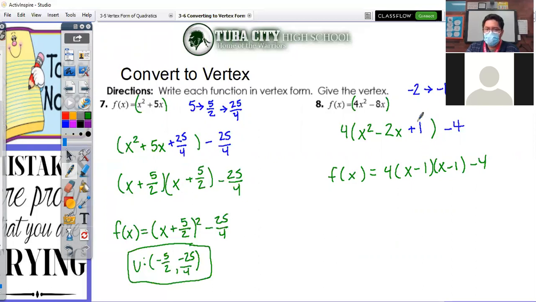Now I need two numbers that multiply to positive 1, which negative 1 times negative 1 will. Put them together, you will get negative 2. I could have just skipped writing that one and then just wrote straight to something that looks like this.